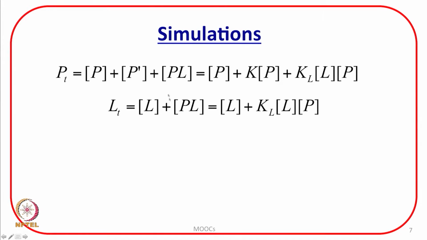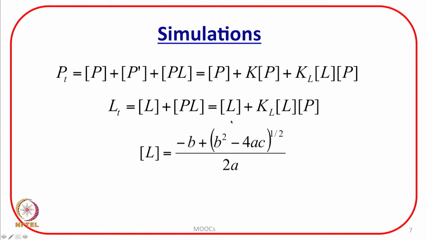Now, if you combine these two equations, it will take a quadratic form, the solution of which can be expressed as the concentration of L is equal to minus B plus minus roots B square minus 4AC divided by 2A.